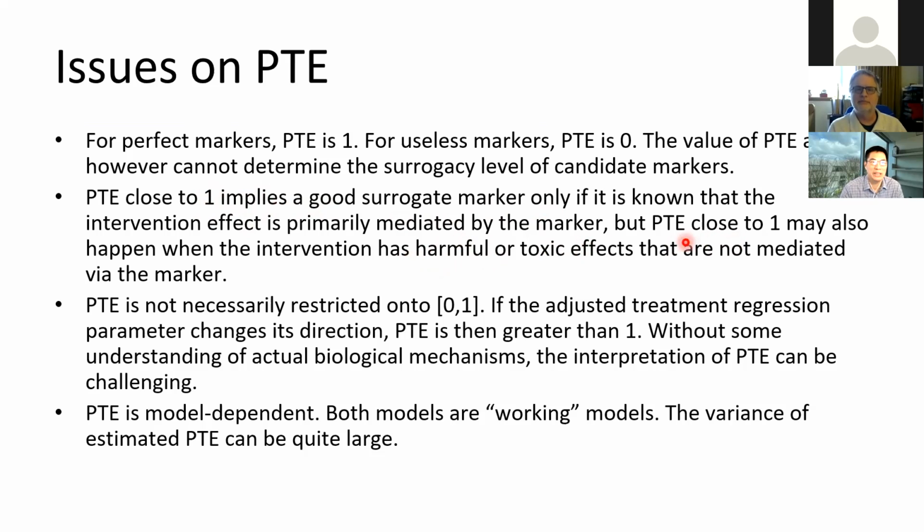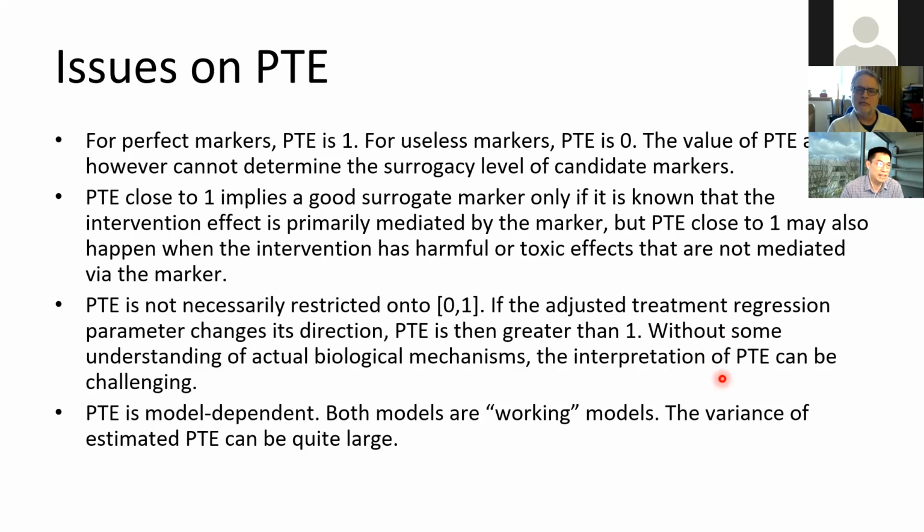But a PTE close to 1 may also happen when the intervention has harmful or toxic effects that are not mediated via the biomarker. So PTE is not necessarily restricted to the 0 to 1 range. If in the adjusted treatment model the regression parameter changes its direction, then the PTE is greater than 1.